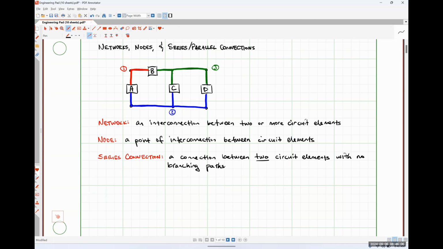So for right now, a series connection is only capable between two elements. But once we learn a little bit more, we're going to expand this definition to incorporate our greater knowledge, okay? So it might be a little different than what you're used to just yet, but we'll get to what you're used to within a couple of class meetings.